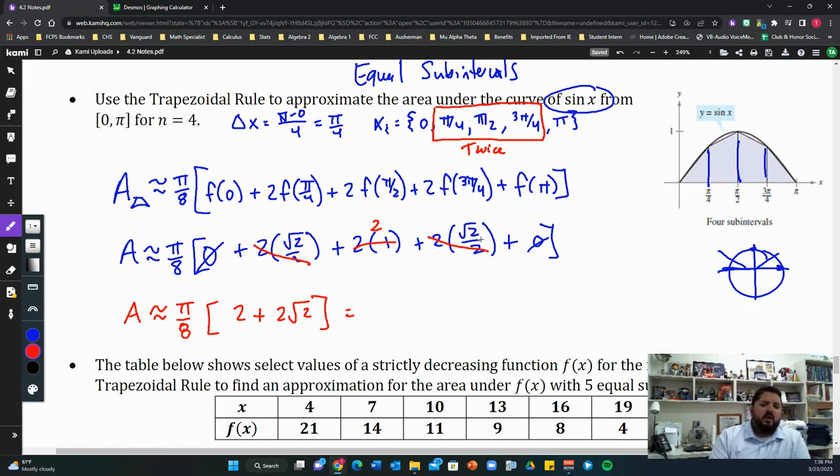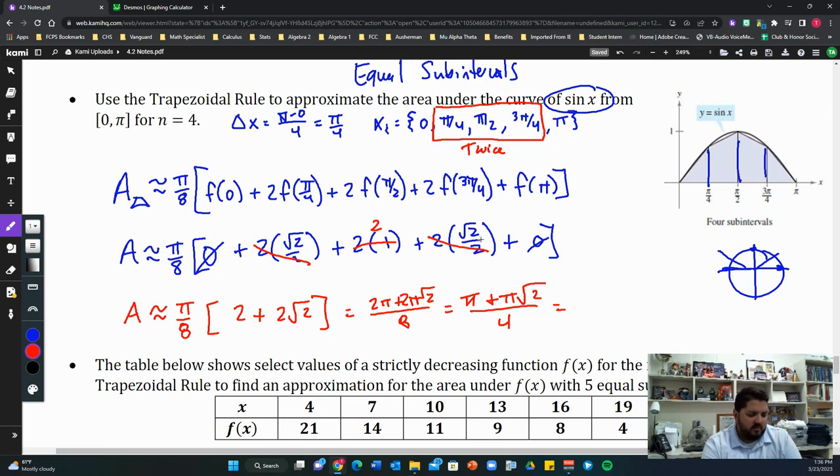One way, if I wanted to write it in simplified form, if I distribute the pi, I could get 2 pi plus 2 pi square root of 2, over 8. But then everything there is divisible by 2, so we get pi plus pi times square root of 2, over 4. But that's not all that nice of a way to write that answer. You aren't going to know what the value of that is anyway.